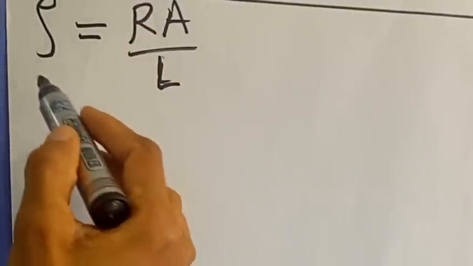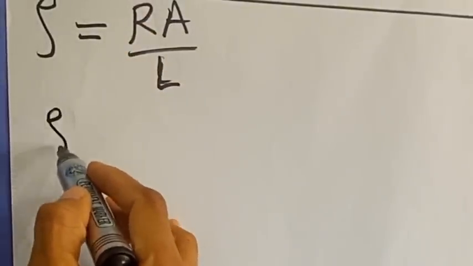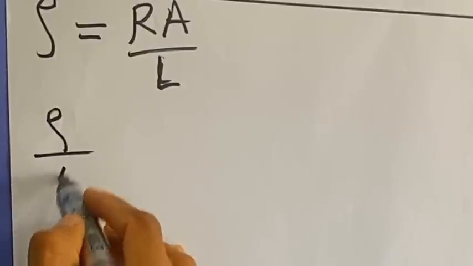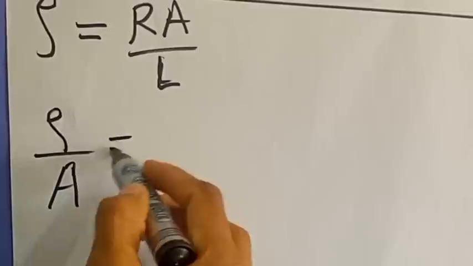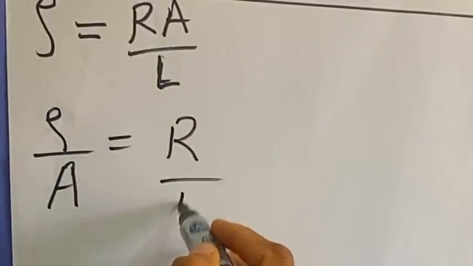Let's use what we know to get something we can work with to manipulate the readings and get something as if we did the practicals. From this, we can have it that, letting A come over, resistivity over the area is equal to R over L. That means we are getting the resistance per unit length.